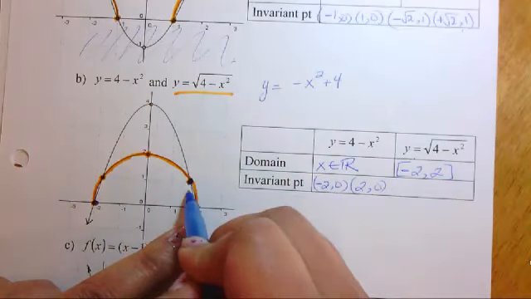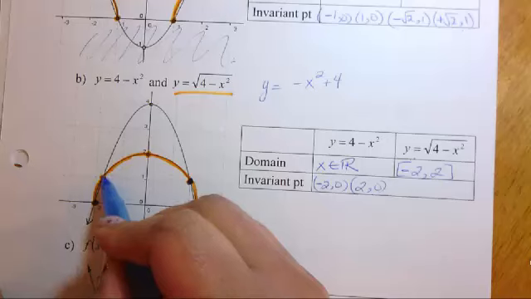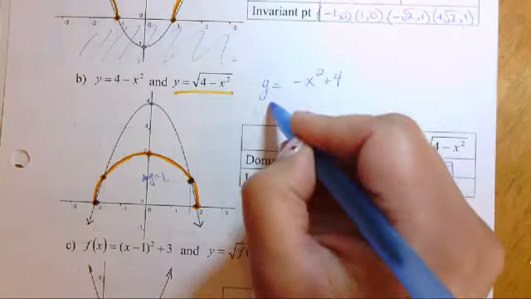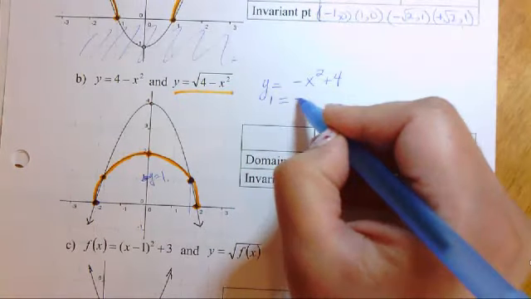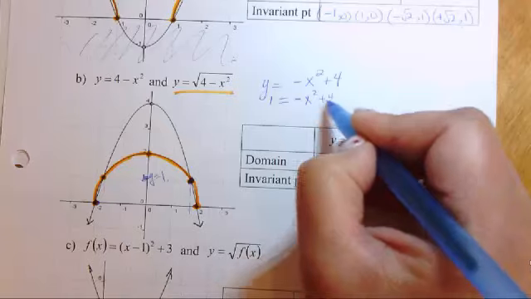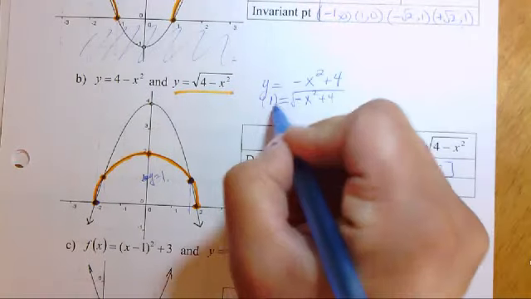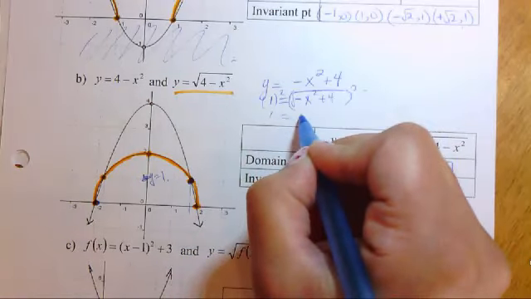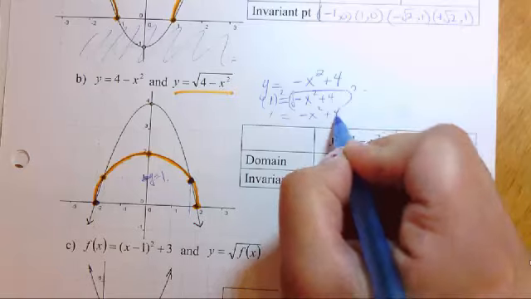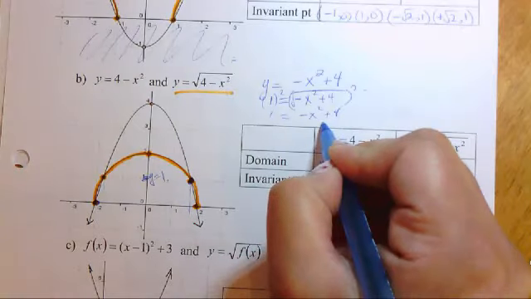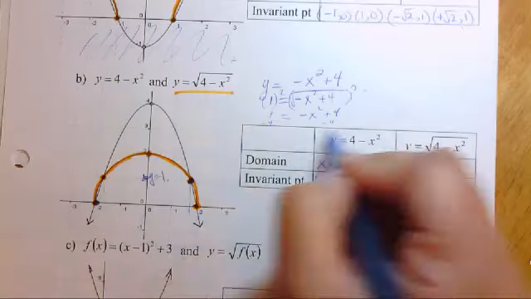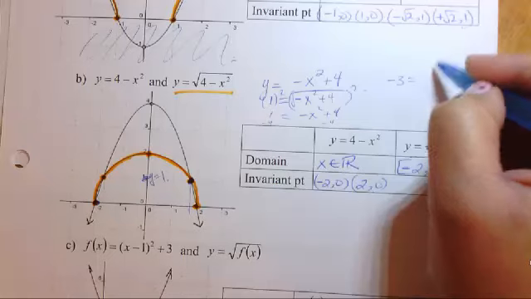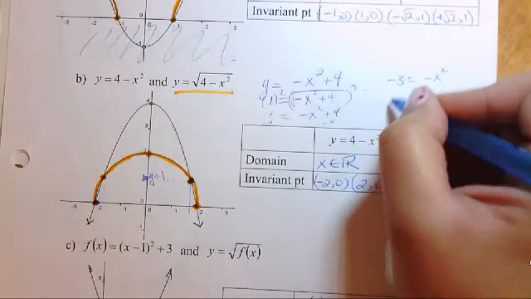Now what are these values here? What is this value that comes along right here and here? Well, we're going to take y equals 1 and figure it out. So set y equals 1 and solve. So square both sides, and 1 equals minus x squared plus 4, minus 4 on both sides, and I've got -3 equals -x squared.